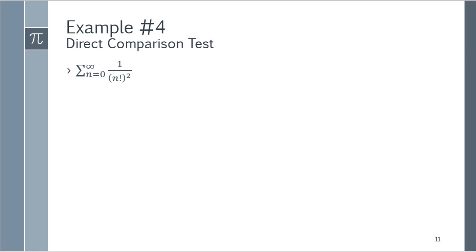So if I think about 1 over n factorial squared, this would be the same as saying, well, I have 1 over 1 squared plus 1 over 2 squared plus 1 over, well, 3 factorial is 6 squared plus 1 over 4 factorial is 24 squared.